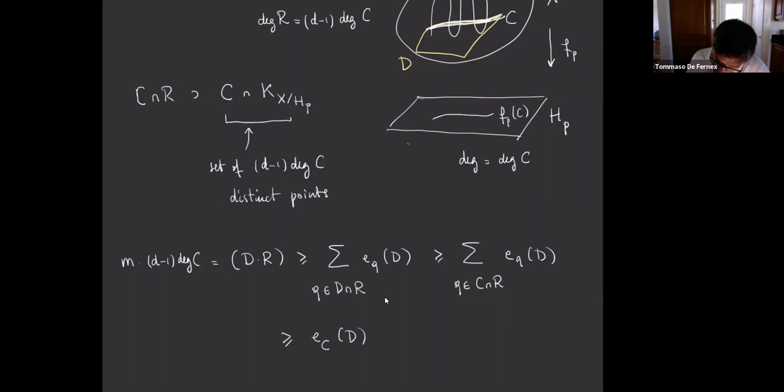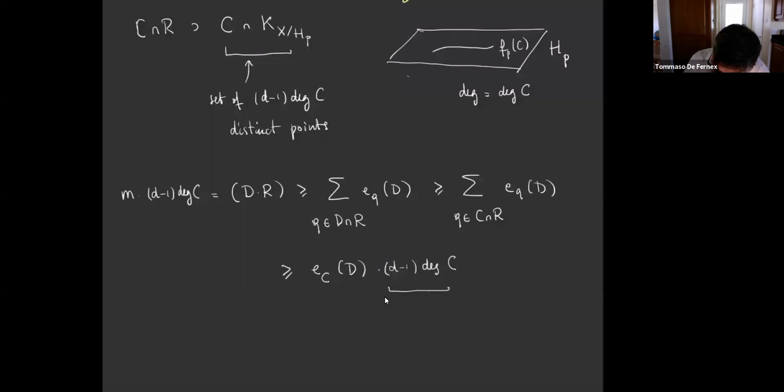And this we computed contains at least D minus 1 times the degree of C points. Okay, so this one is the number of points. It is a lower estimate of the number of points.